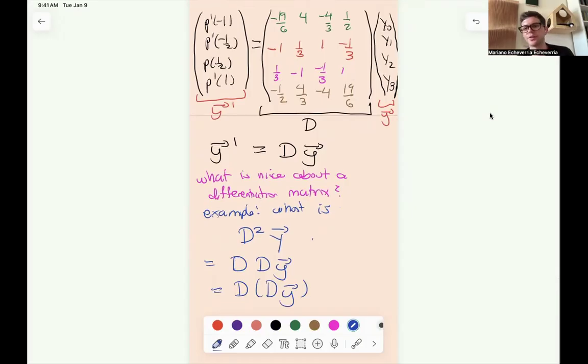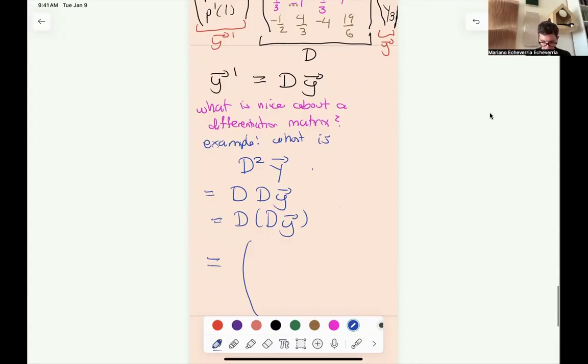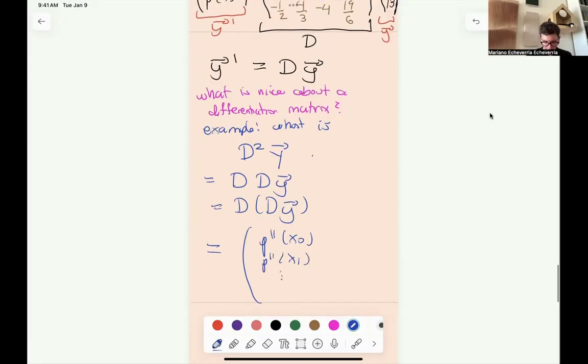Well, that should be the second derivative. So this will give me the second derivatives of the polynomial evaluated at the nodes: p double prime at x0, p double prime at x1, and p double prime at xn.